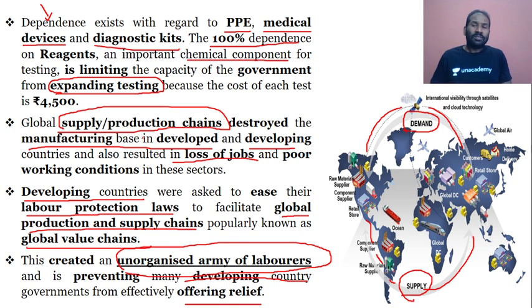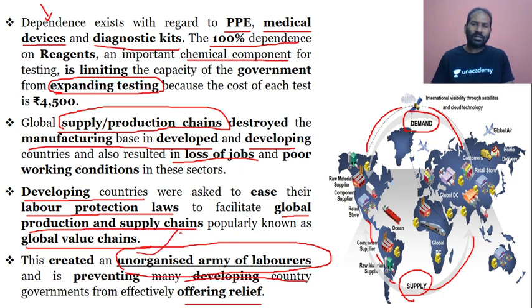India especially, at maximum 60% of the workforce is in the unorganized sectors, because India is also part of the production base, same as China. That is why when the lockdown took place, it very badly hit the unorganized sectors.